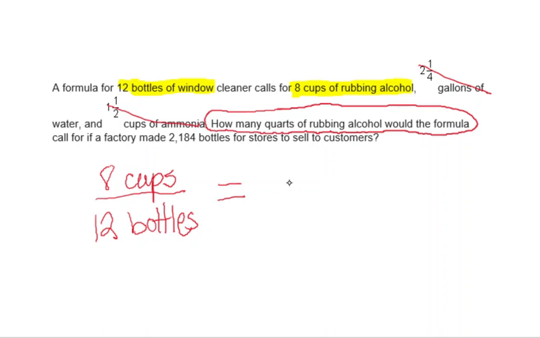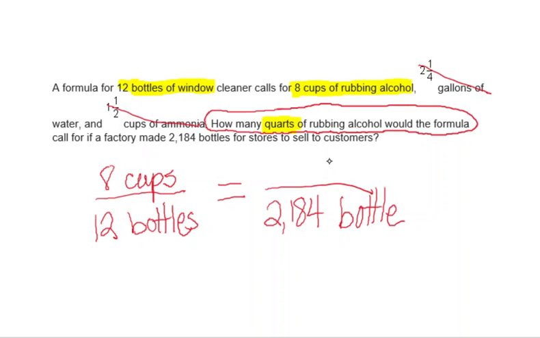We want to determine how many quarts of rubbing alcohol would the formula call for if the factory made 2,184 bottles. Bottles is on the bottom, 2,184 bottles.